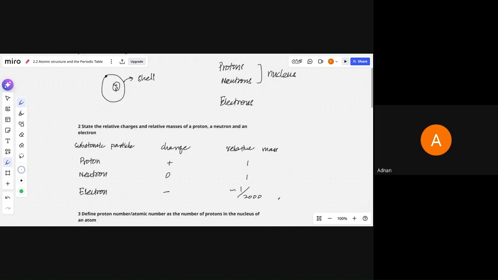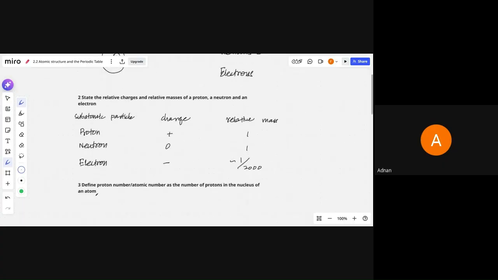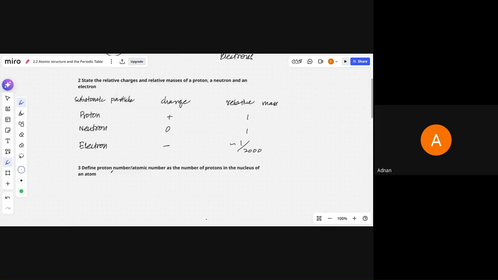So this is more about protons, neutrons, and electrons. Now we move on to the next subtopic, which is to define proton number, also called the atomic number, as the number of protons in the nucleus of an atom. So in an atom, the total number of protons is called the atomic number of that atom.